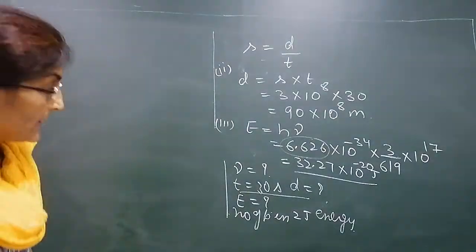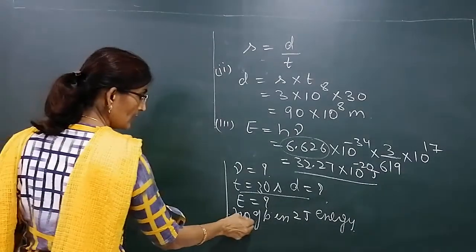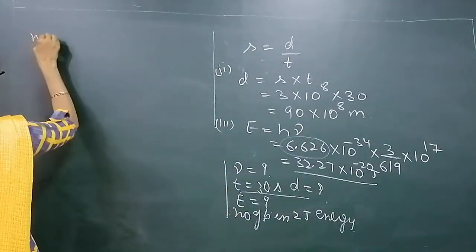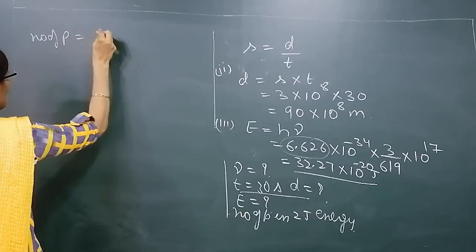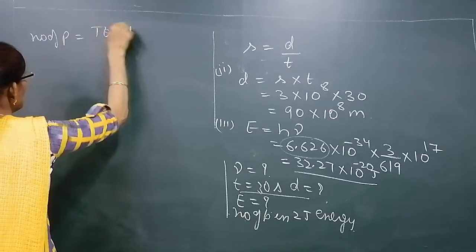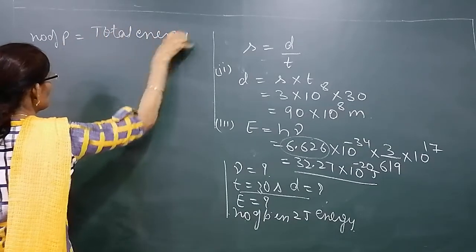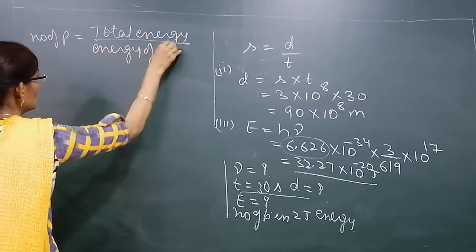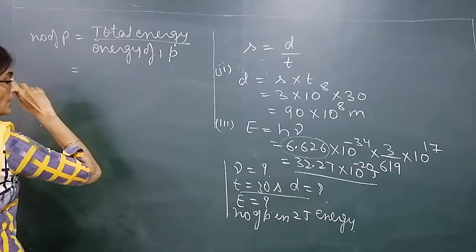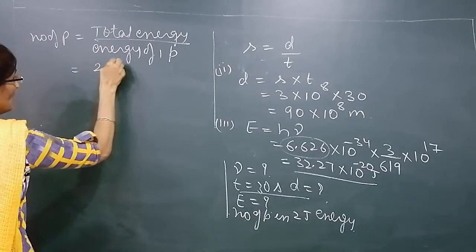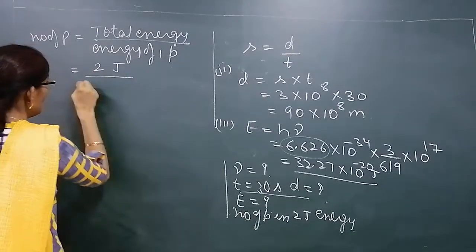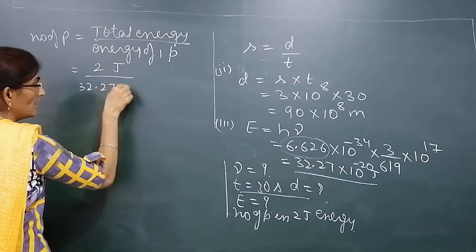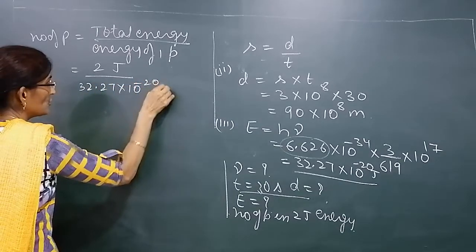Fourth thing to calculate is the number of photons. How to calculate the number of photons? Number of photons will be total energy divided by the energy of one photon. What is the total energy given? 2 joule. And the energy of one photon is 32.27 into 10 raised to power minus 20 joule.